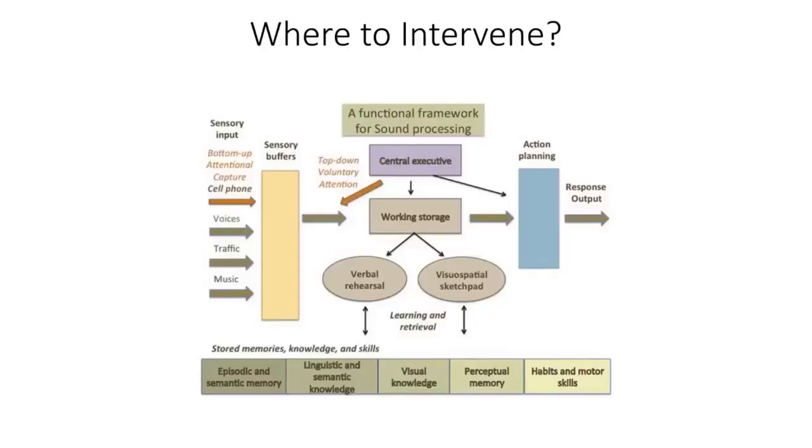We have discussed the framework through the course, discussing different processes. We discussed, let's say, bottom-up attentional processes when we see something like a snake. And then we discussed top-down attention processes. We discussed working memory, different lines of working memory from the verbal side, from the visual spatial side.